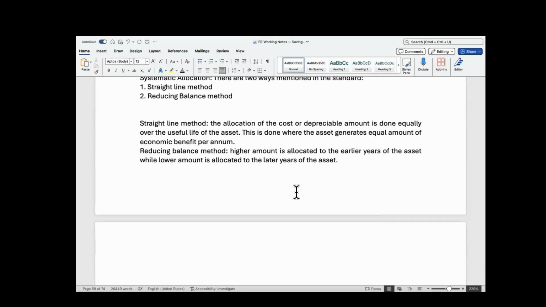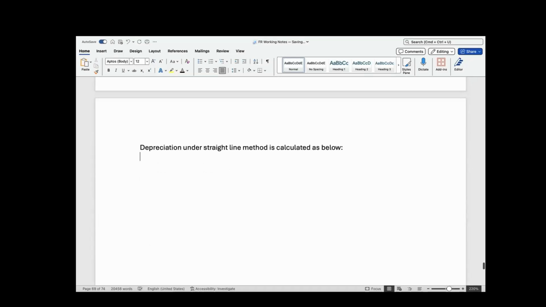Then how is this determined? How is this calculated? Depreciation under straight line method is calculated as below. Every one of you can guess how to do this.